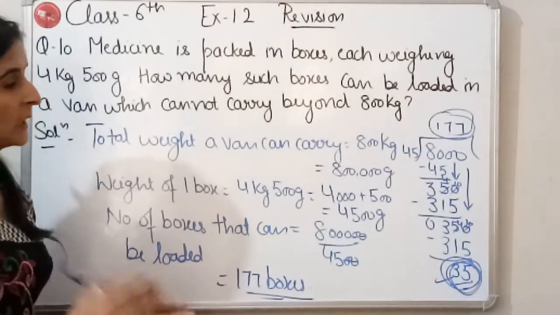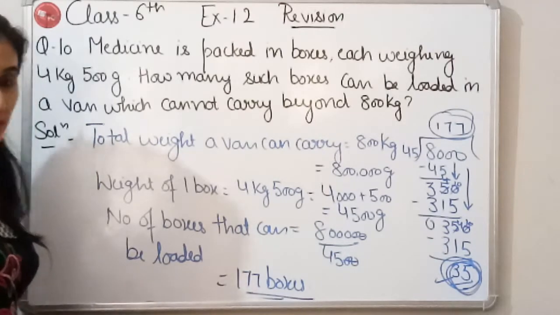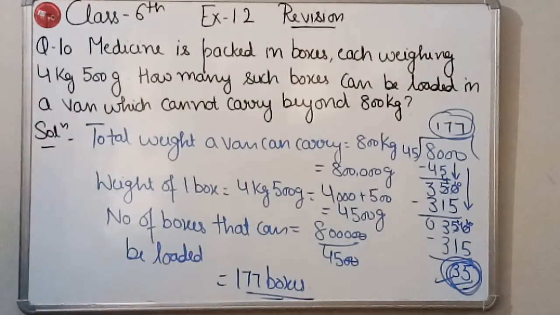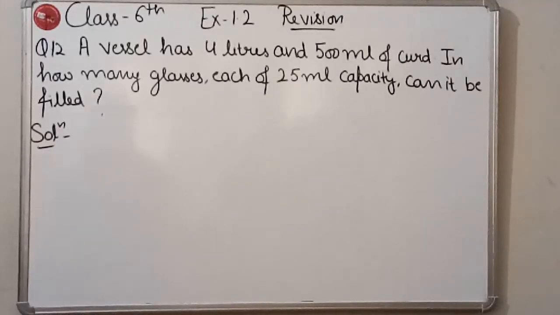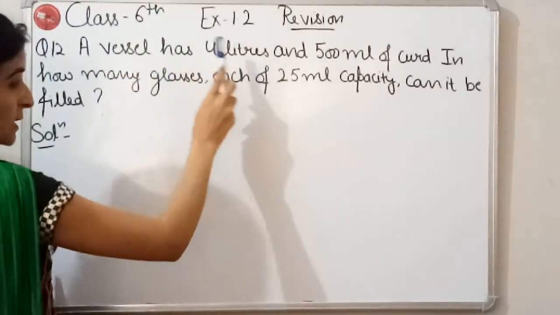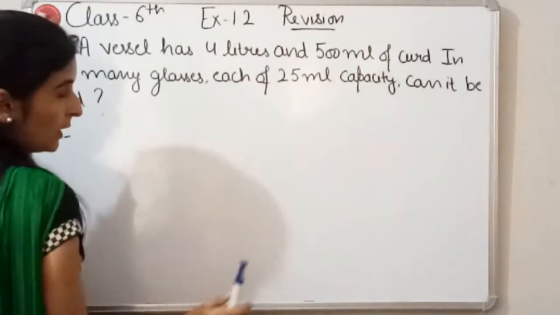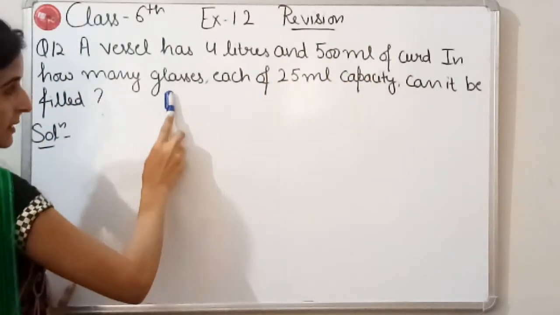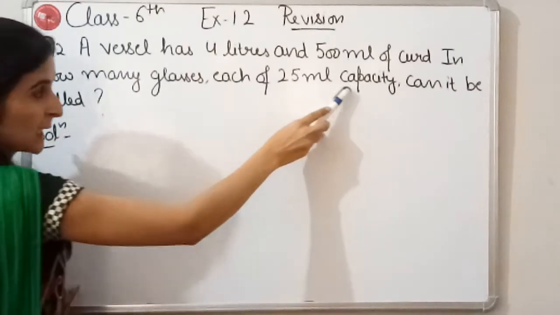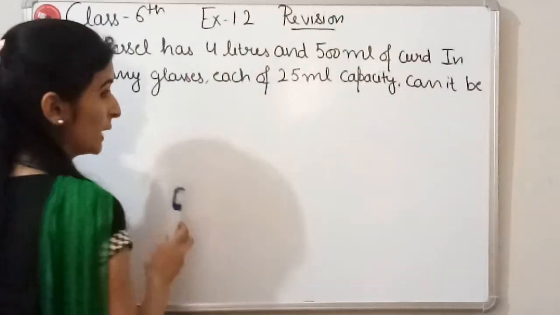Fine. Now let's move to the 12th question. Then we have question number 12, that is: a vessel has 4 liters and 500 milliliter of curd. In how many glasses, each of 25 ml capacity, can it be filled?